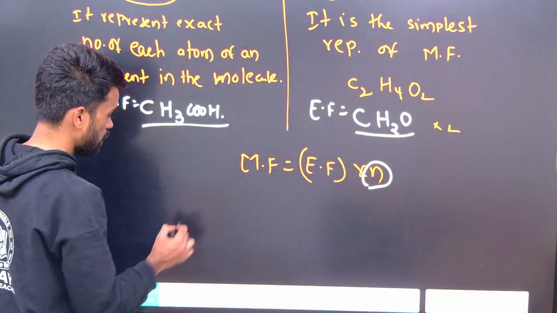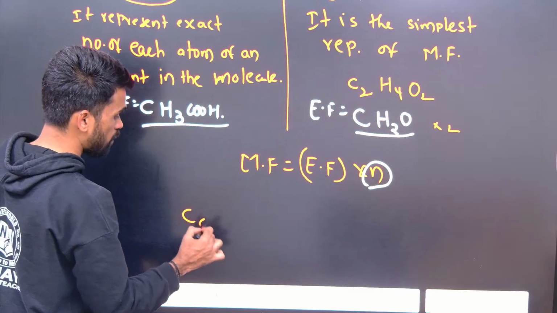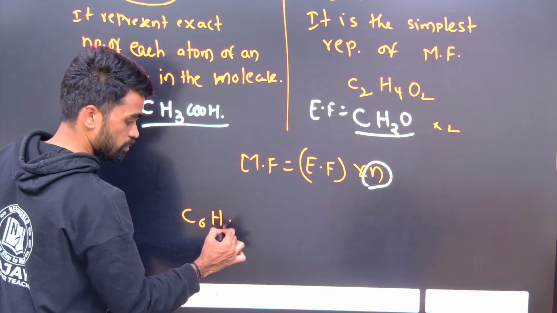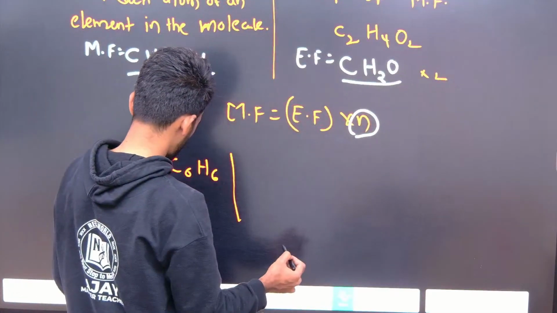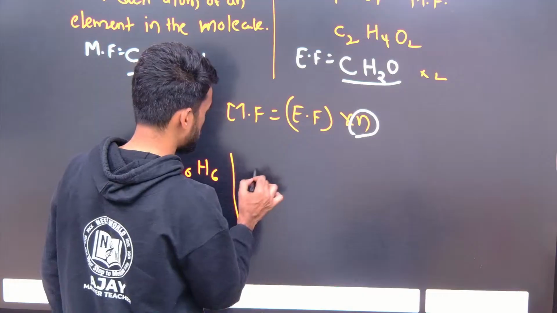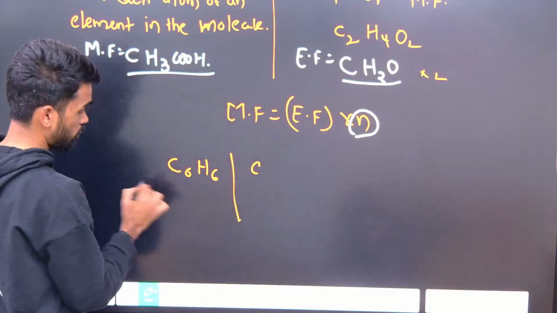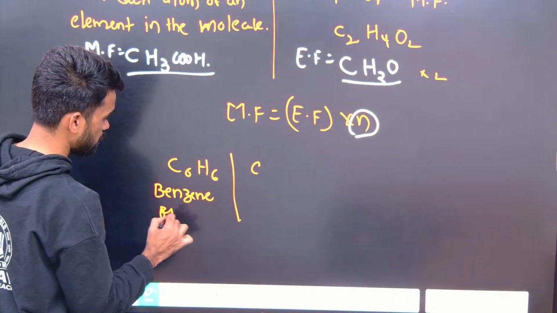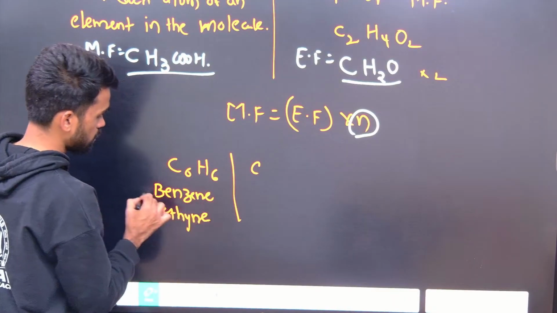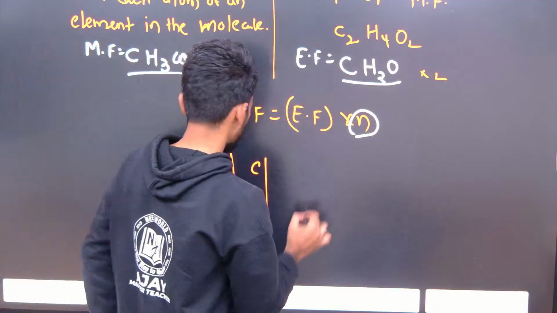So now tell me, what is the empirical formula of benzene? Benzene and acetylene, I am saying, benzene and ethyne. And the next, glucose.